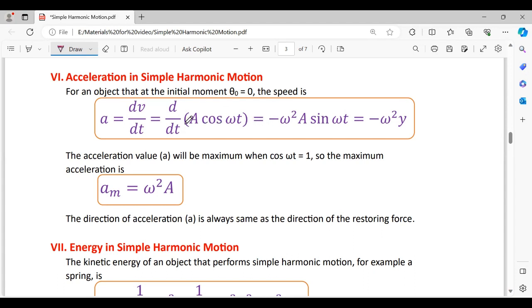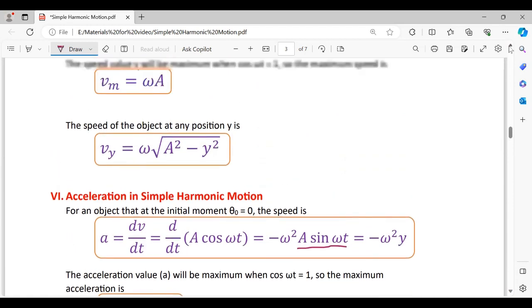So the derivative of a cosine omega t equals minus omega squared a sine omega t, or it becomes negative omega squared y, as you know that this is what we have stated as y.